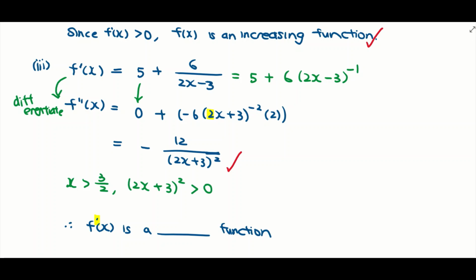And since this is always more than 0, then my f prime prime will always be negative. So less than 0. And since f prime prime is less than 0, I can conclude that f prime is a decreasing function. And this is how I prove f prime is a decreasing function.